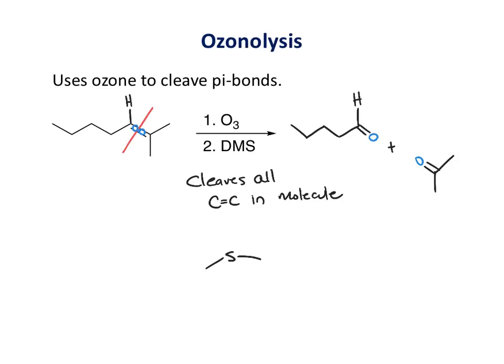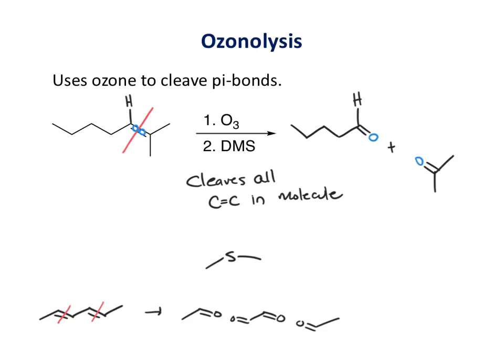You get this ozonide intermediate, and it breaks it down and reduces the other oxygens that fall off. Could it be something other than DMS? There are different reducing agents.